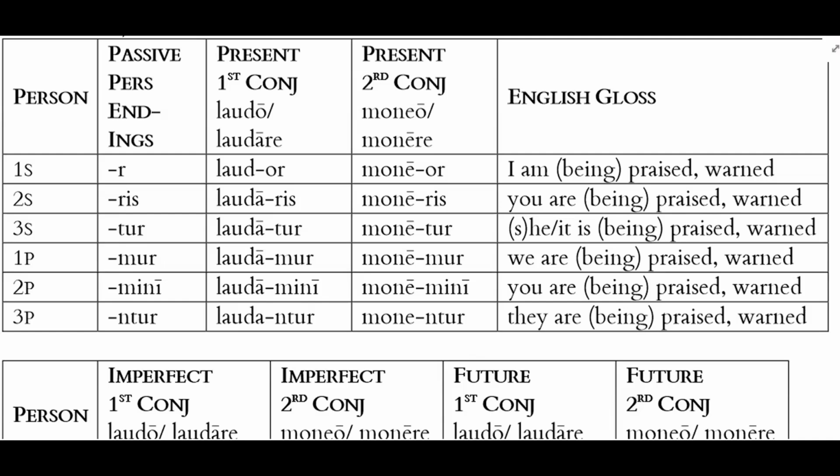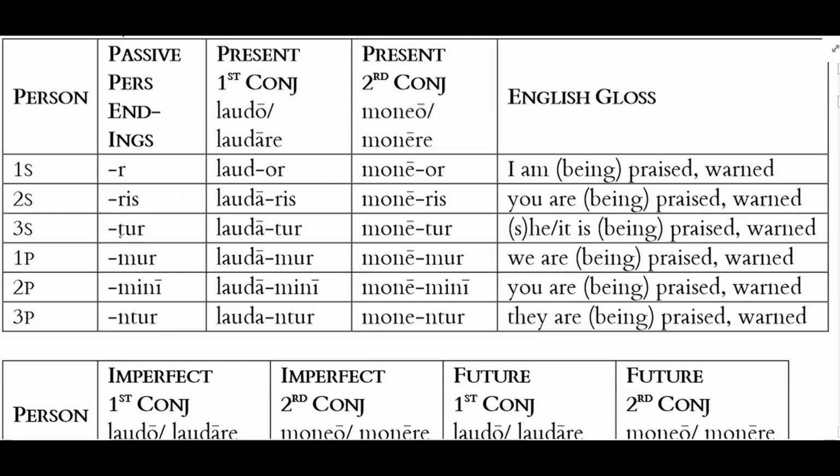So if you remember for the active, I praise, you praise, it's laudo, laudas, laudat, right? Well, here we're going to add r for first singular. I am blanked, whatever the verb means. Ris for second singular. Tur for third singular. Mur for first plural. Mini for second plural, and ntur for third plural.